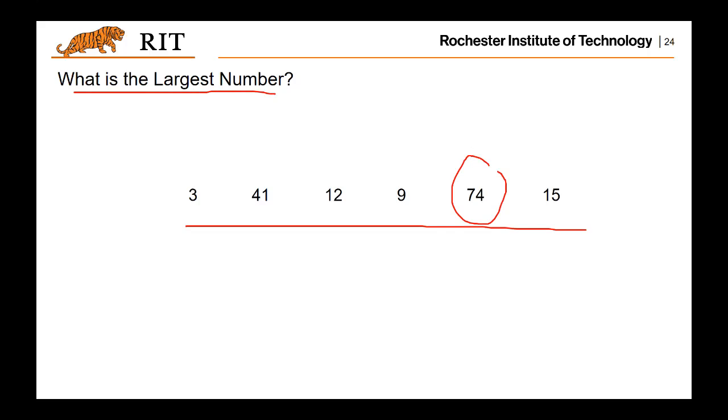And also in this array, the assumption is these are all numbers greater than 0. That means there are no negative numbers.